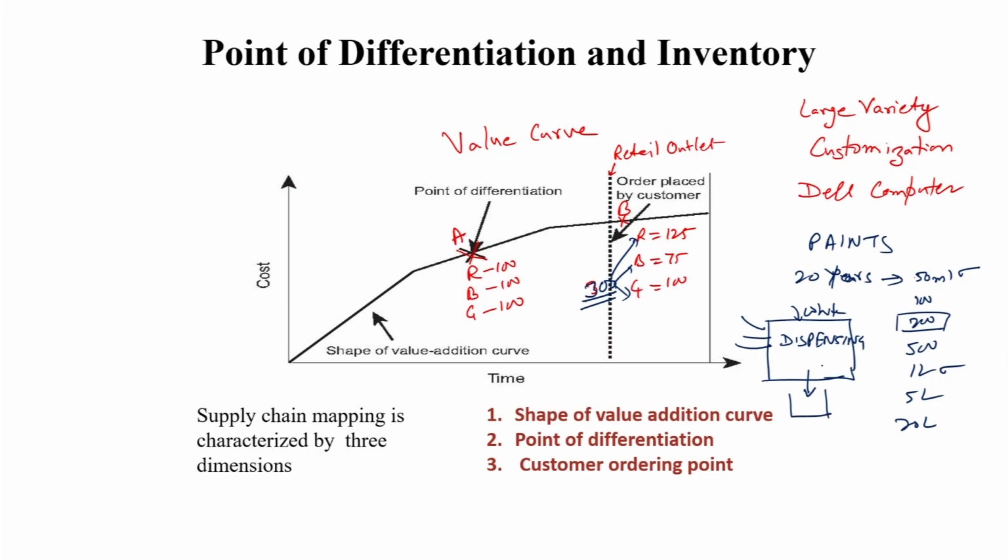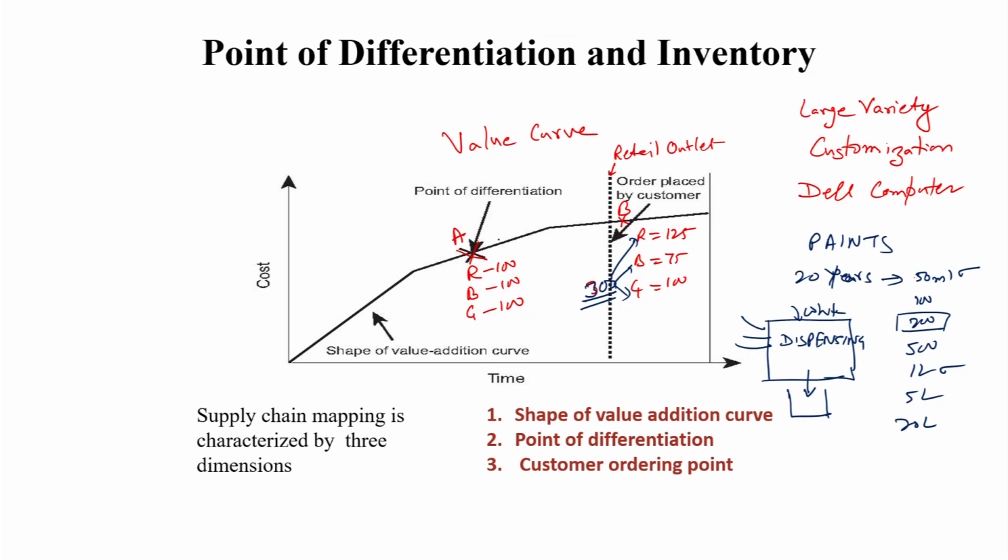There is a shade card. The painter comes with the shade card, you select the shade, the same number is fed into the machine, and whatever quantity you want can be dispensed without any extra cost. So, that is the advantage of this point of differentiation.